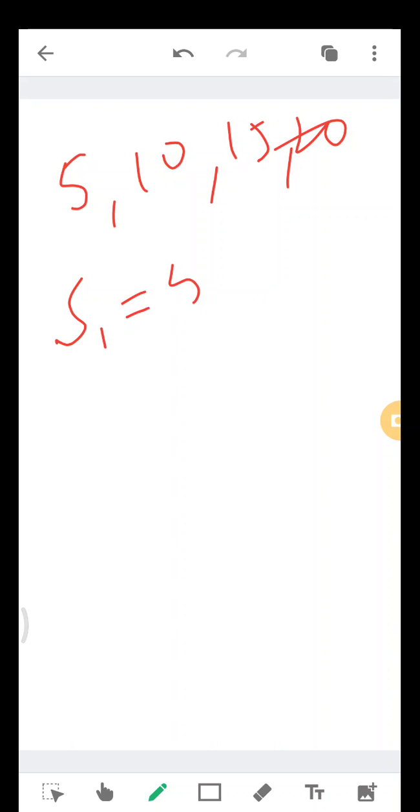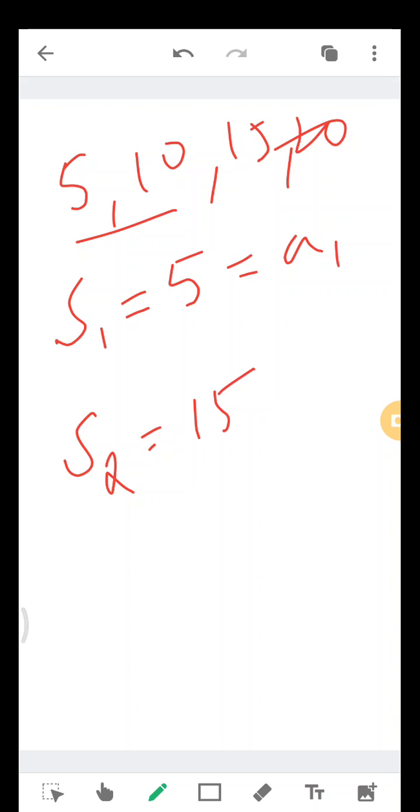The sum of one term is nothing but 5 only, so that is your A1. S2 means we add 2 terms, 5 plus 10, that is 15. So when you do S2 minus S1, you will get the second term.